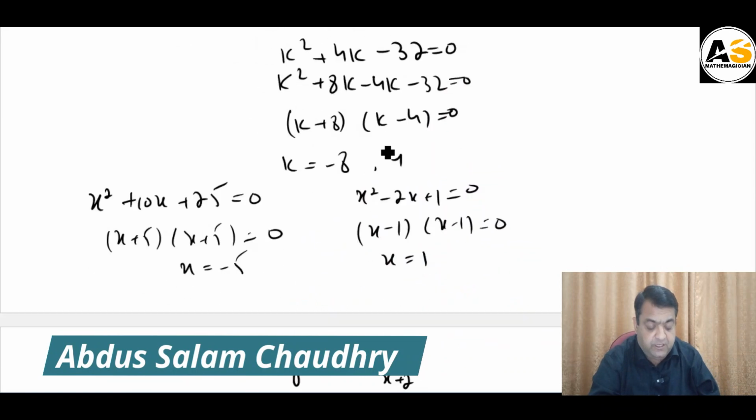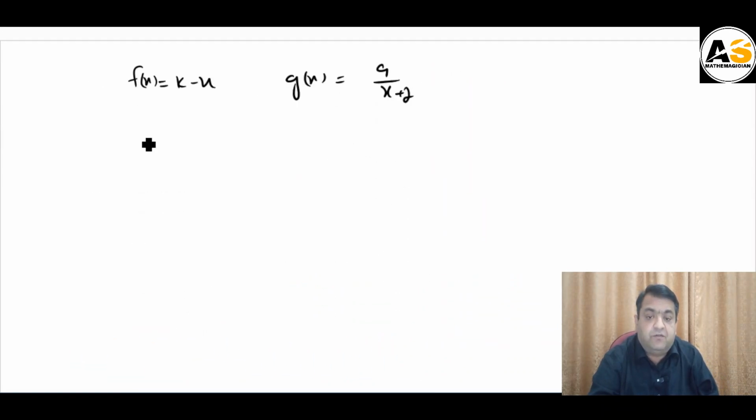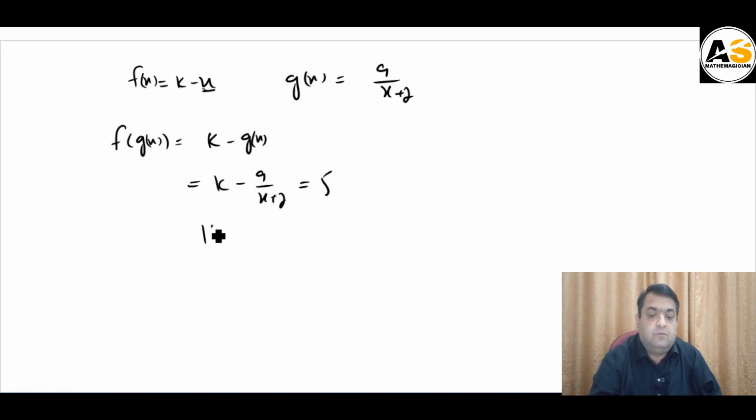What is the procedure for that? F of g of x will be, in f of x, instead of x we will write g of x, and this is given equal to 5. K minus 9 over x plus 2 is equal to 5. K times x plus 2 minus 9 is equal to 5 times x plus 2.